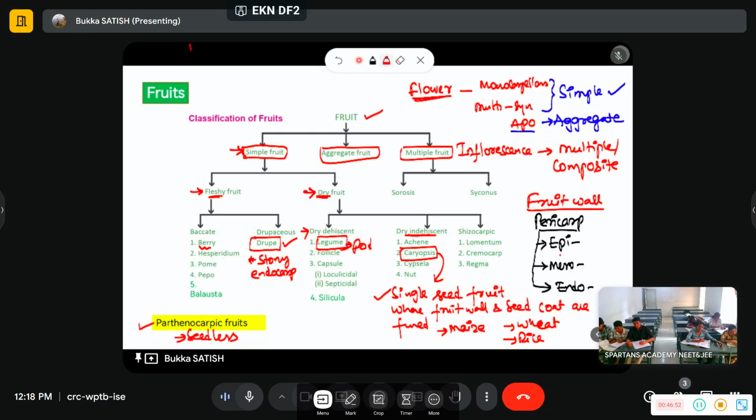If no seed, no embryo, right? So they won't help in reproduction.